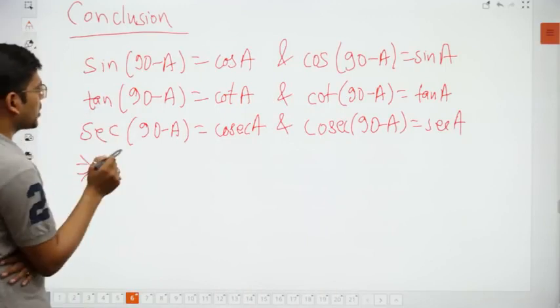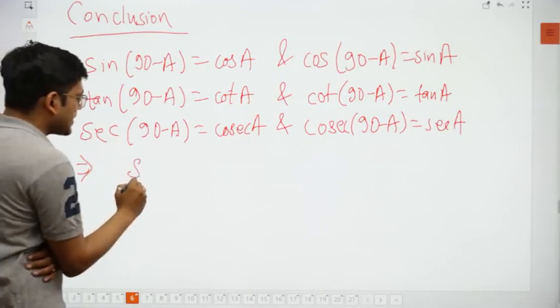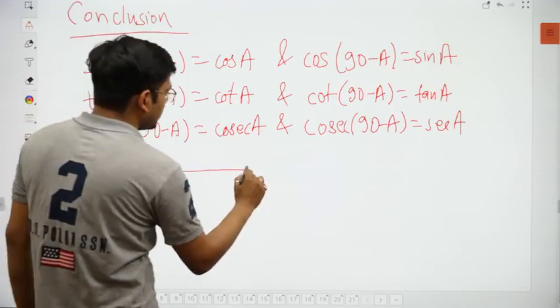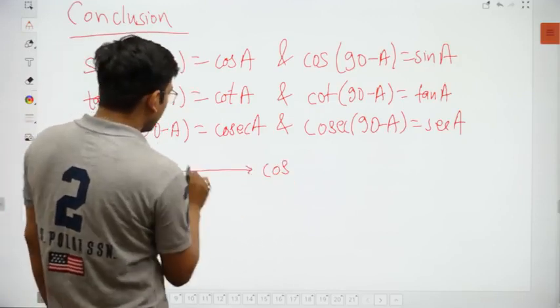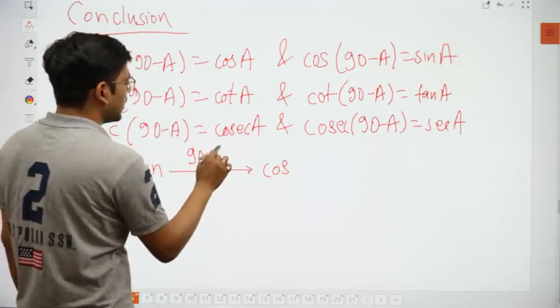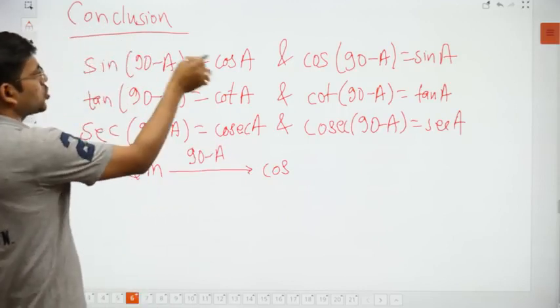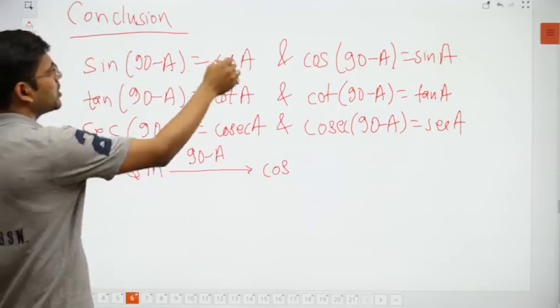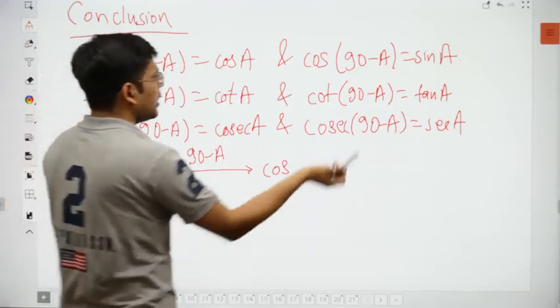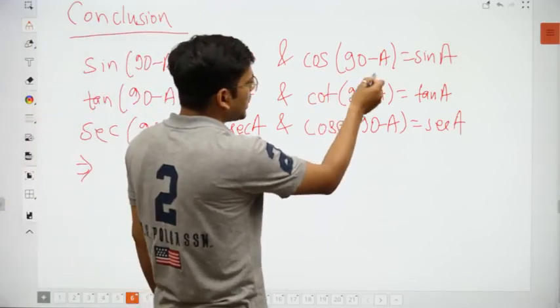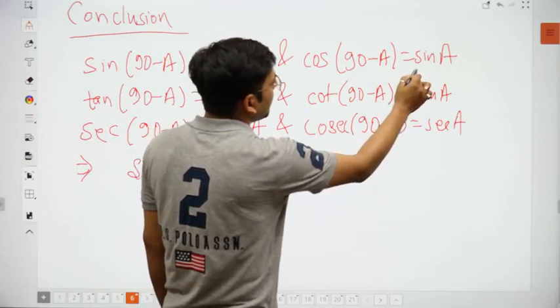Now see, this brings us a very important conclusion. That sine can be changed to cos if we put 90 minus angle A. It becomes cos. And similarly, if we put 90 minus angle A in cos, then it will give us sine.